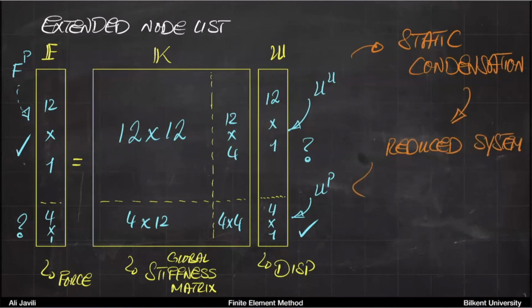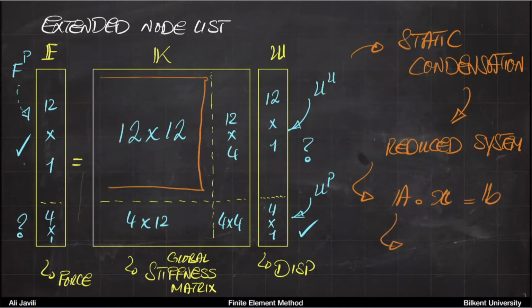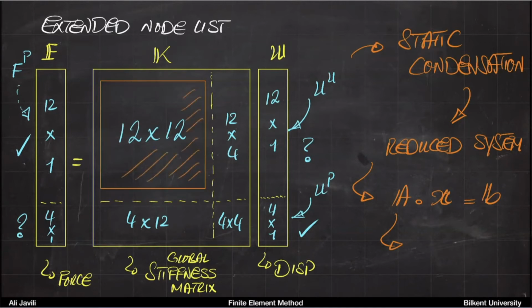And eventually your reduced system would look like AX equals B. And in that reduced system, A is this 12 by 12 matrix. This is your A. This is your reduced stiffness.